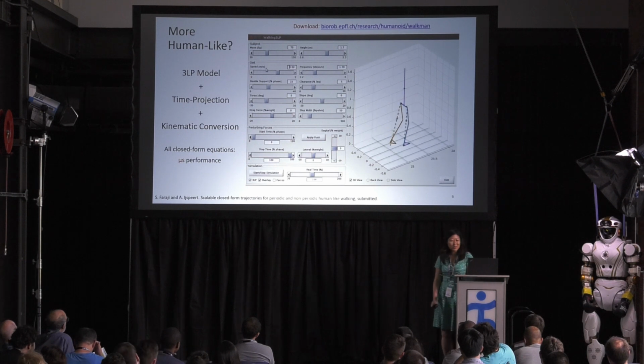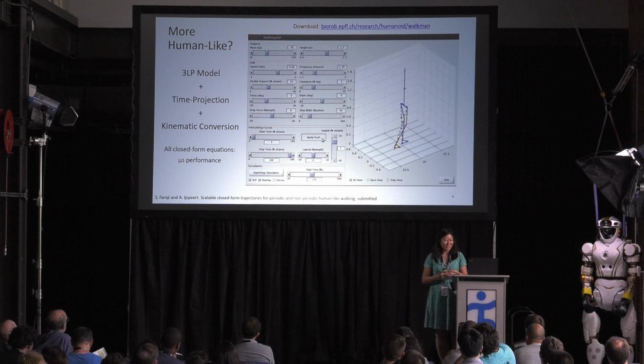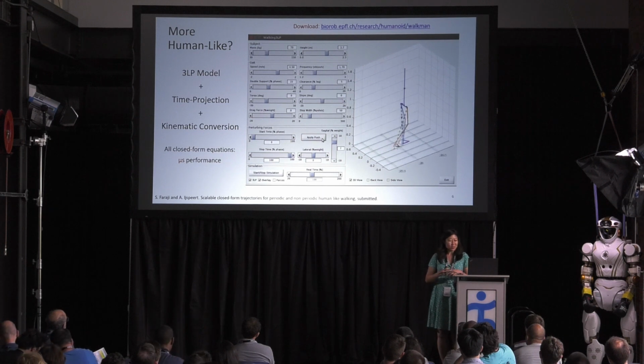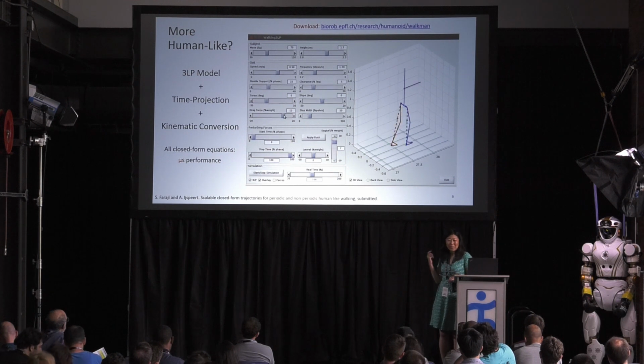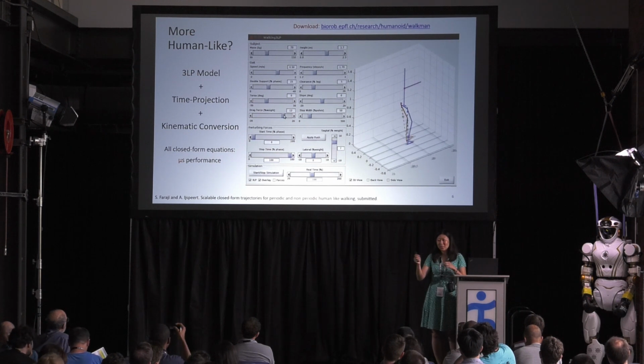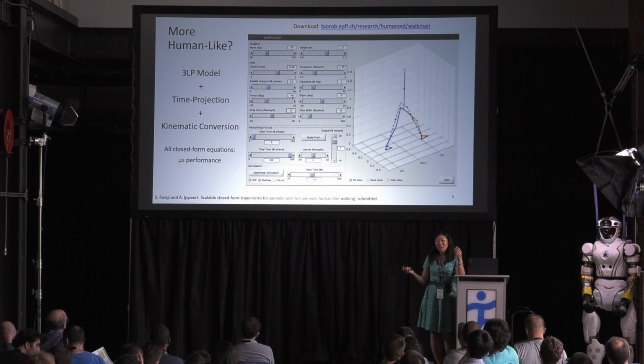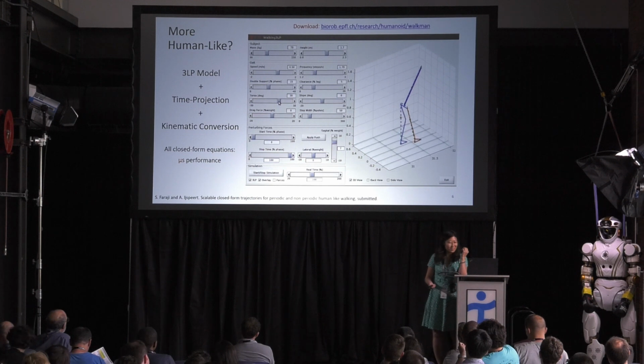He wanted me to really encourage you to go to this website, download it, and check it out. We're also in the process of trying to validate with human experiments, but it's pretty cool that you can just adjust parameters and the model adapts. You can also do slopes, going up slopes, down slopes, and even give it pushes in all sorts of directions.